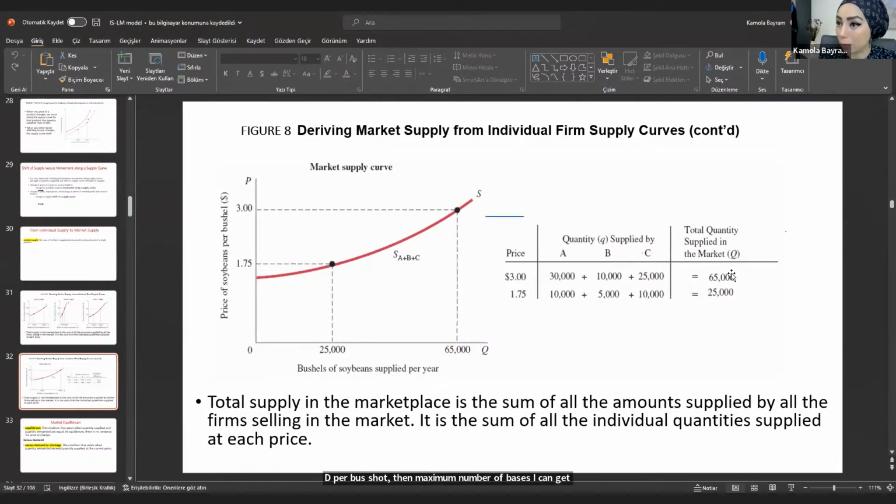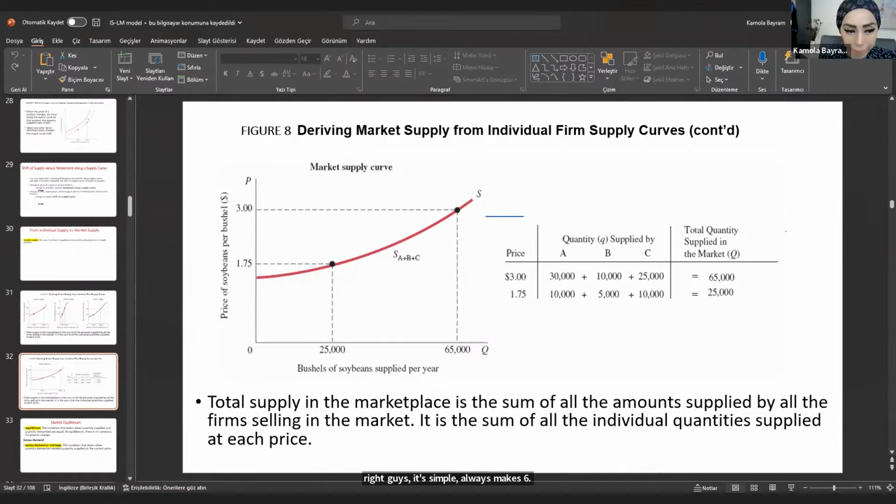This gives me the total or aggregate market supply. At the price of 1.75 USD, the maximum I will get from all these 3 companies is 25,000 bushels. And this is actually their market supply curve. Again, it is simple, right, guys? It's simple arithmetic. You are just adding on.